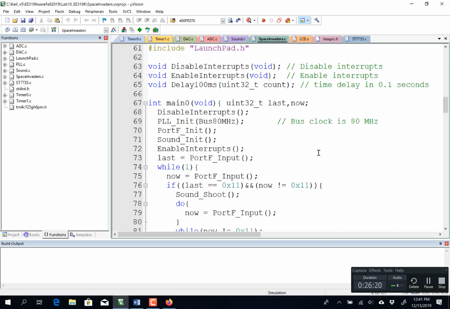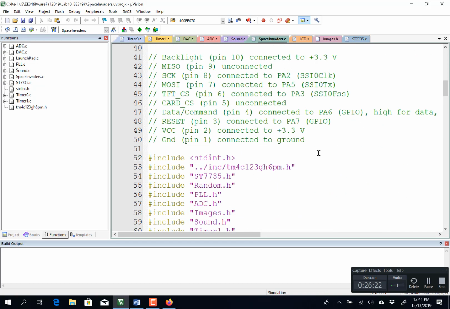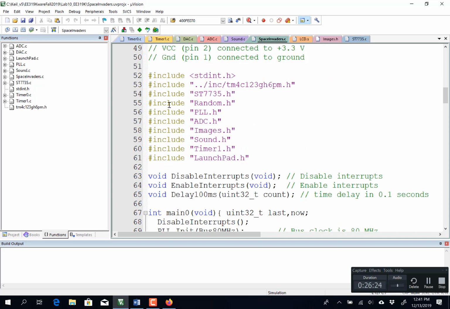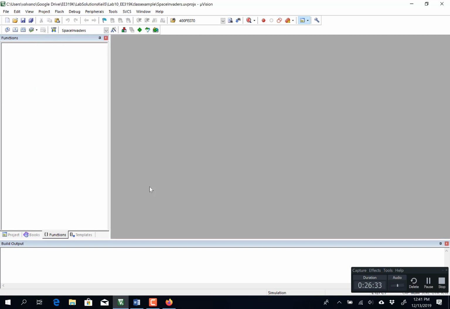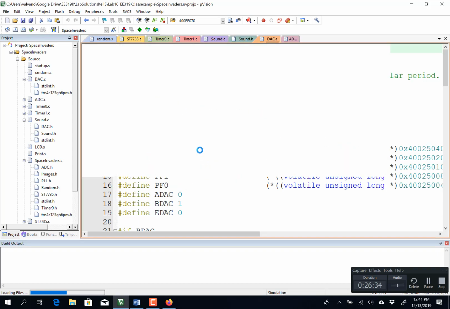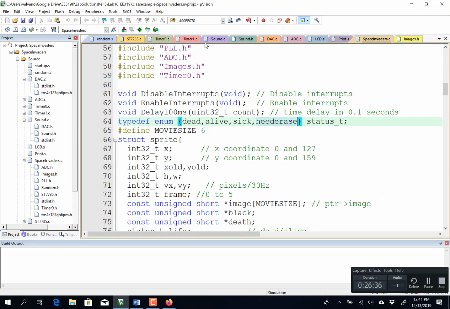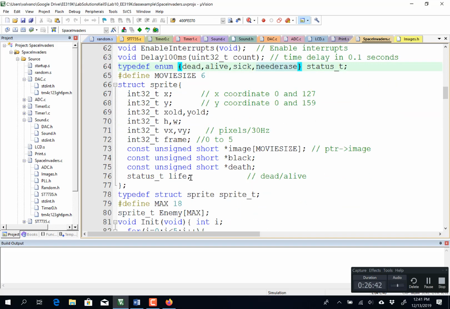So the question, where is my space? No, that's the starter code. I don't want the starter code. Let's open something with a Space Invader. There we go. Okay. All right.